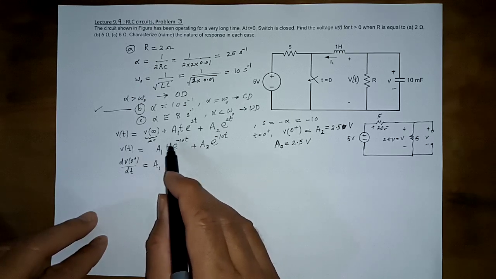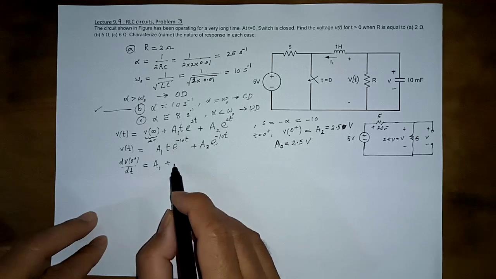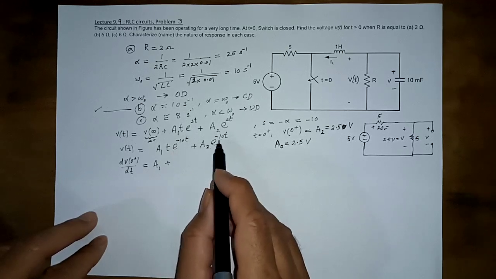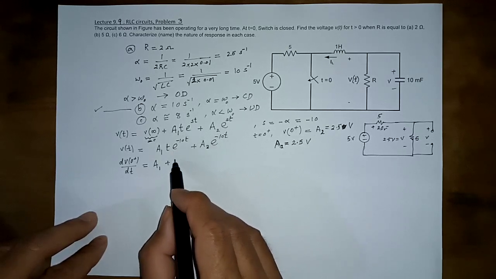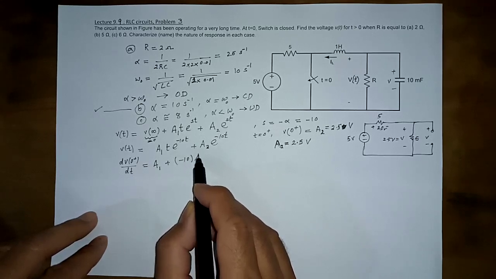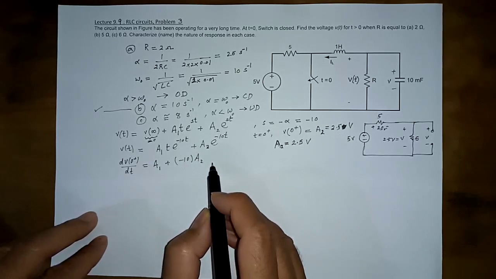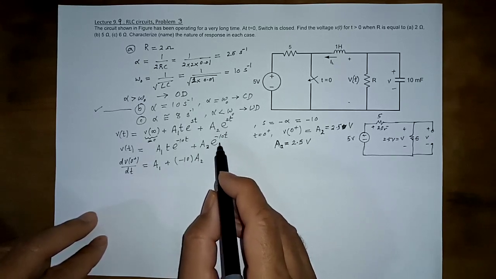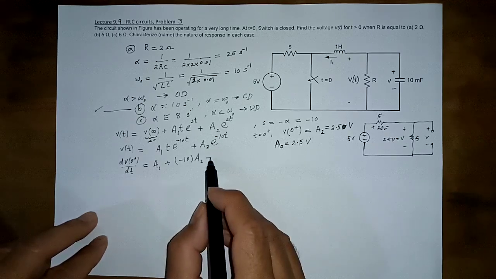Putting t equal to 0 will make the other term 0, and now taking the derivative here, we are going to get minus 10 A2. See, this will become 1.